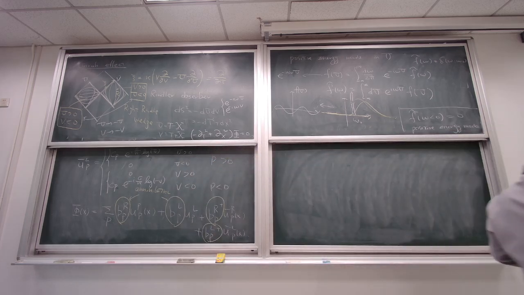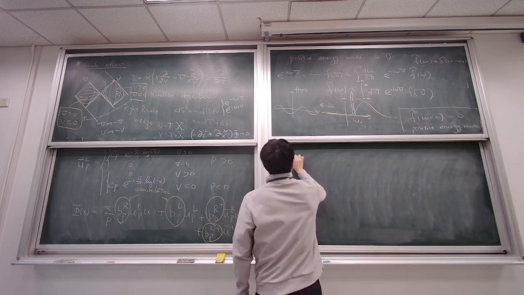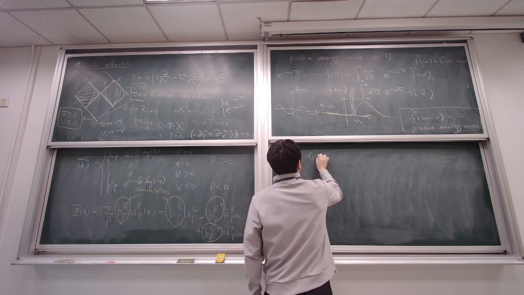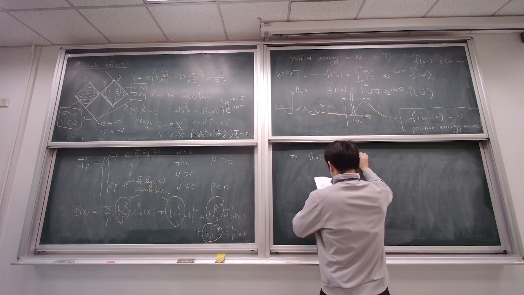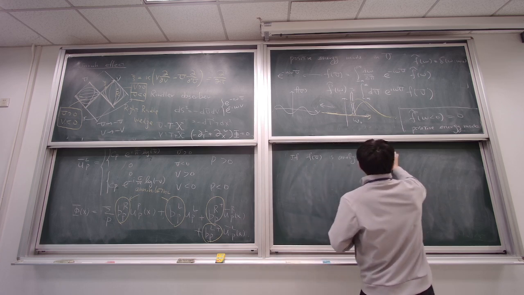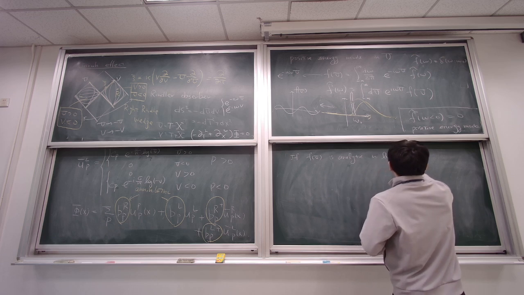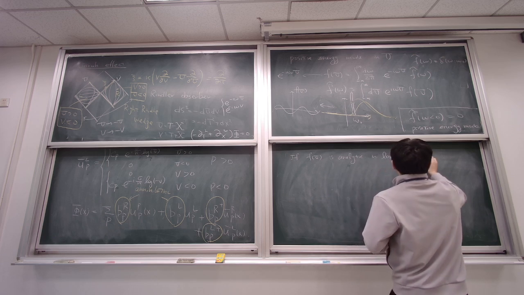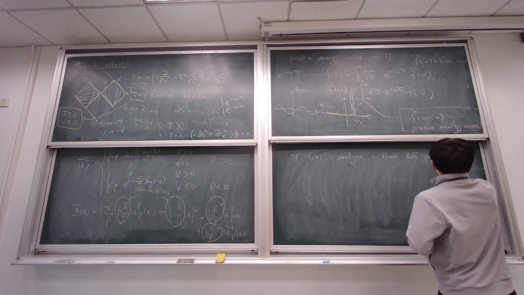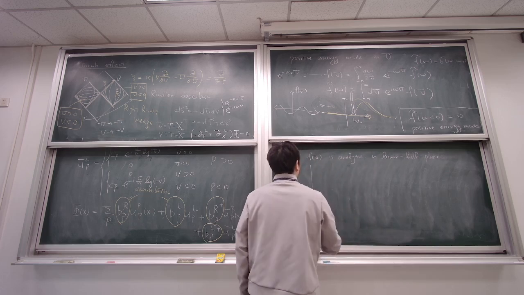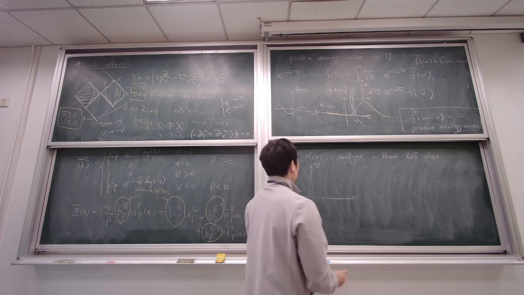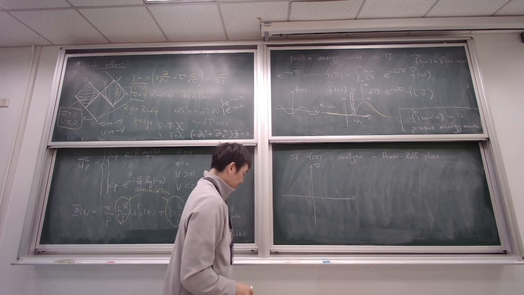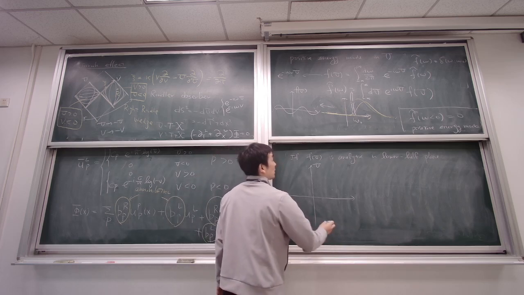And if f of u is analytic in the lower half plane, so this is the u plane, we can just take a contour from minus infinity to infinity.